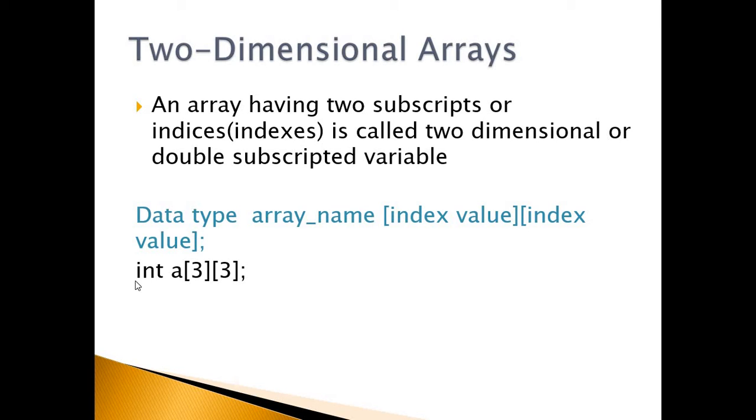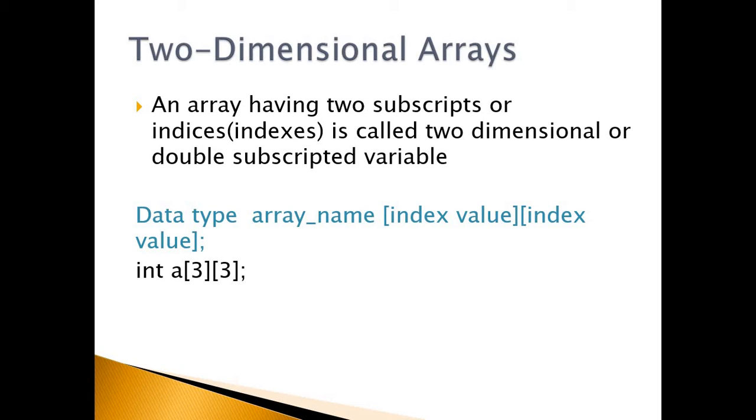For example, to create a two-dimensional array of type integer with 3 rows and 3 columns, it is int A[3][3]. A is the array name. The first value indicates the number of rows and the second index specifies the number of columns.